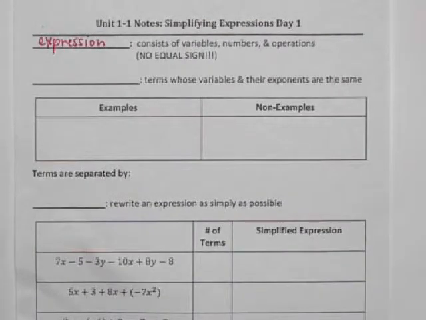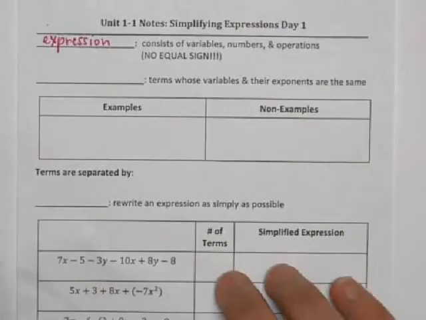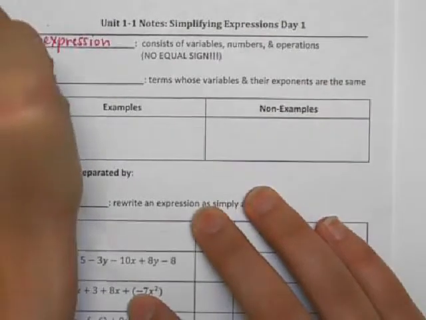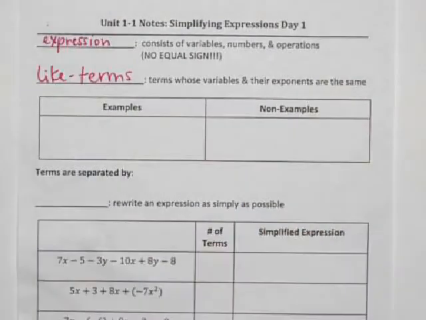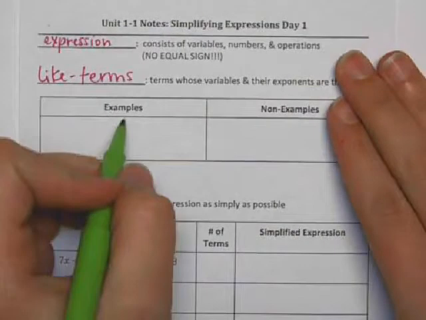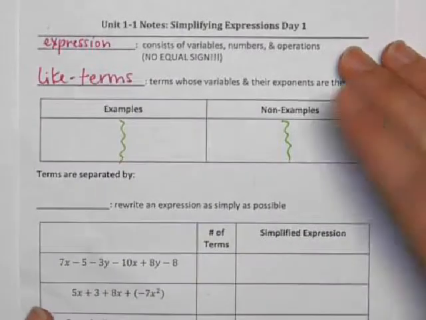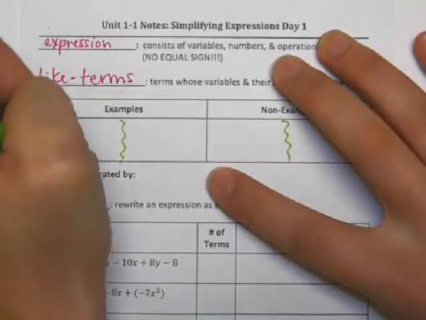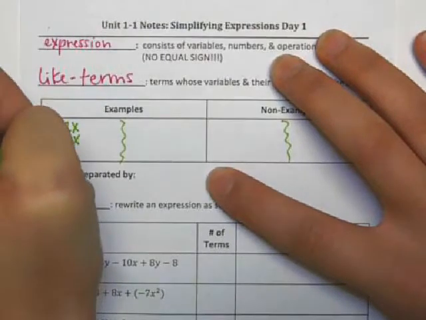Okay, then it says blank terms whose variables and their exponents are the same. So like terms. And some examples of a like term would be, I'm going to split these in half. Okay, so some examples would be something like 2x, 5x, negative 11x.